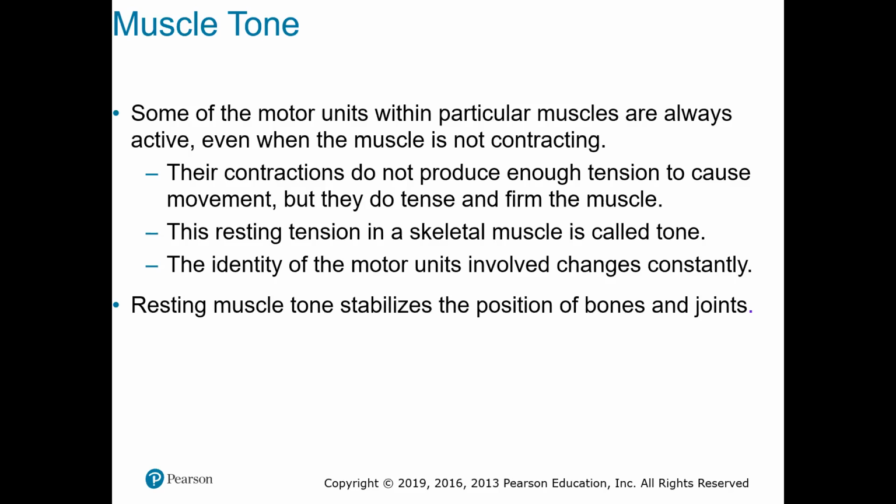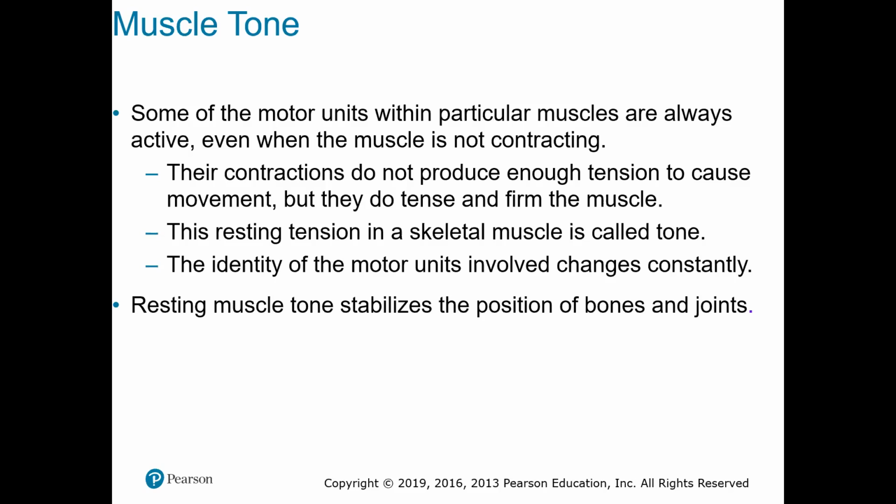Muscle tone is what happens when a motor unit fires and 300 cells contract and the muscle doesn't move, because it takes more than 300 cells to get the whole muscle to contract. The muscle doesn't move, but it creates a little bit of tension in the muscle. It also warms up the muscle.